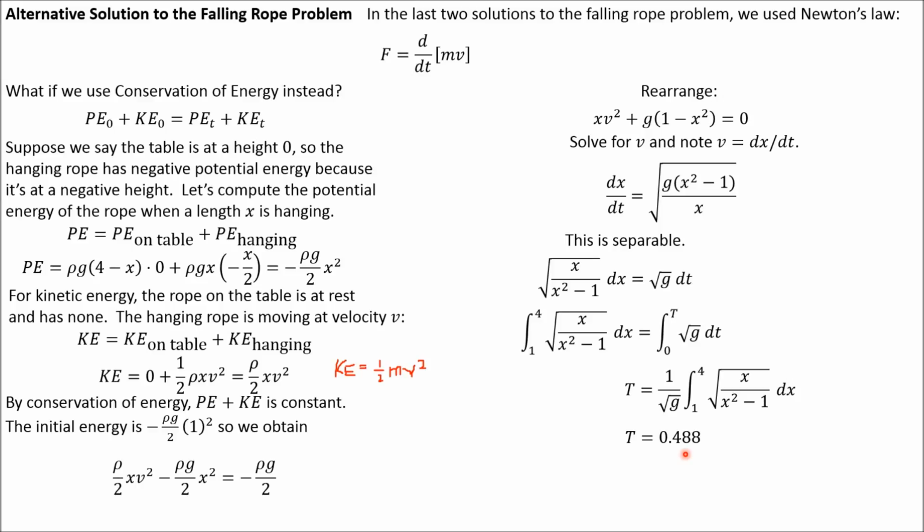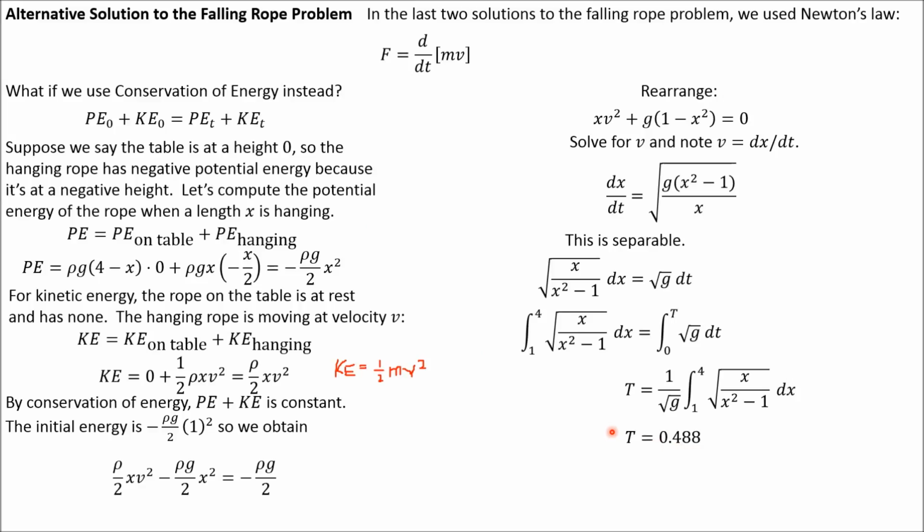So hold on a second. When we used the conservation of momentum, we found that the rope falls off the table in a little bit more than half a second. But when we used conservation of energy, we found that the rope falls off in a little bit less than half a second.